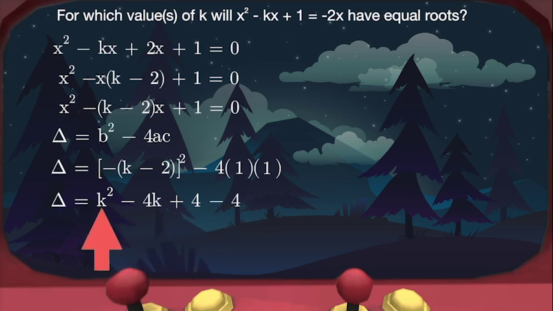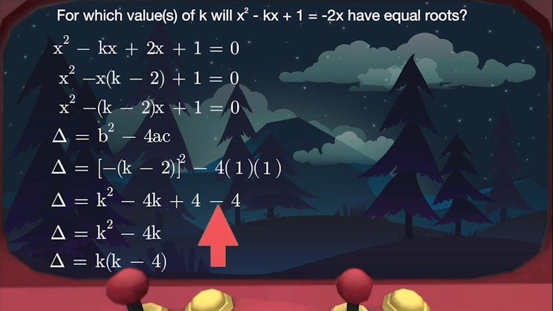When we simplify this we end up with k squared minus 4k. Then I can factorize this again by taking out a common k, and we have k in brackets k minus 4.